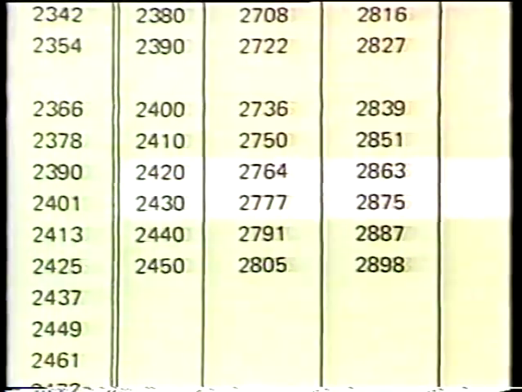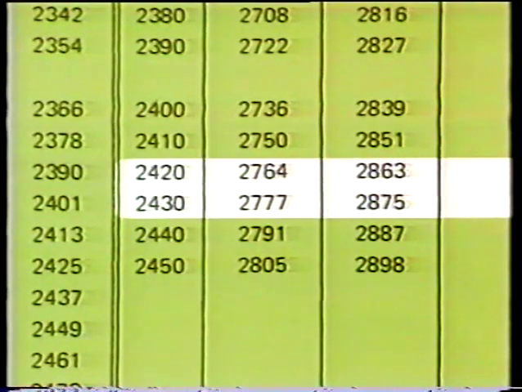For the ramp weight of 2,427 pounds, we refer to the 2,430-pound line. The moment must be between 2,777 and 2,875. And 2,824.5 falls easily within these limits.